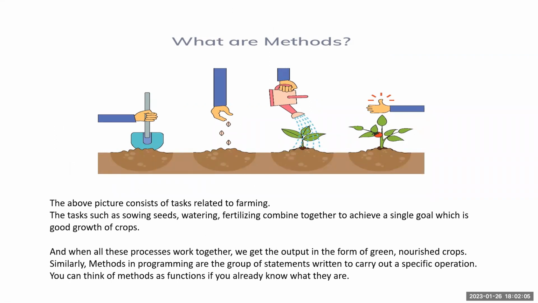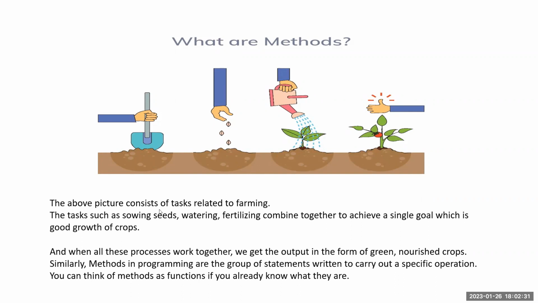There are a couple of tasks: you are sowing seeds and watering them, and together all these three actions will give you some output to achieve a single goal, which is to grow good crops.